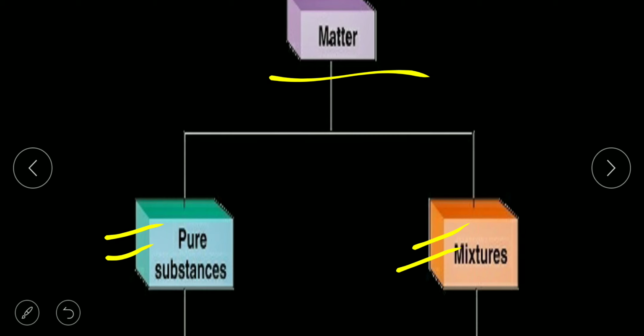Examples of mixtures are paint, a mixture of oil, pigment and additive, and concrete, a mixture of sand, cement and water. Pure substances are further divided into two types: element and compound.